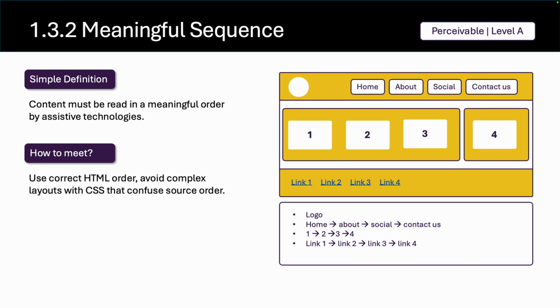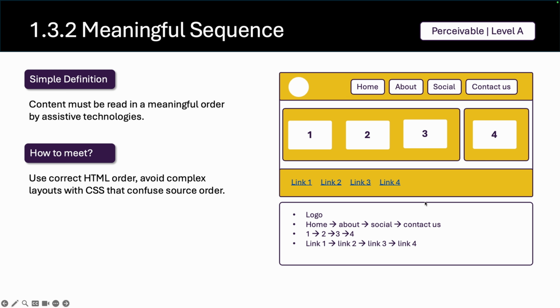And how do you meet it? Always choose HTML first, because screen readers read the content in a linear method. They are only dependent on the order in which the elements are rendered in the document object model, or DOM. Whenever a page is loaded in your browser, it generates something called the DOM. And the order in which the elements are generated is the order in which it will be read out by a screen reader.